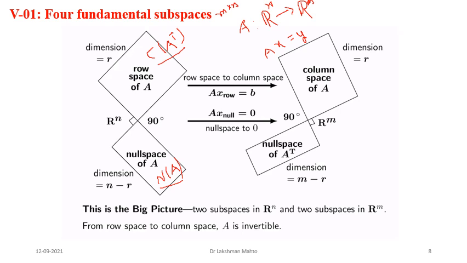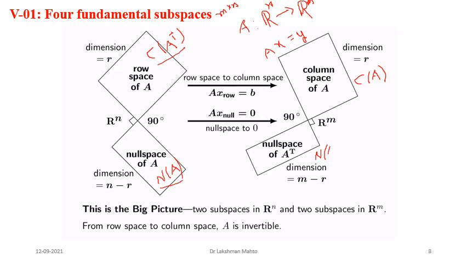And column space of A and null space of A transpose would both be in the target space, or response space, or output space. There are various names, as many names as you want to give.